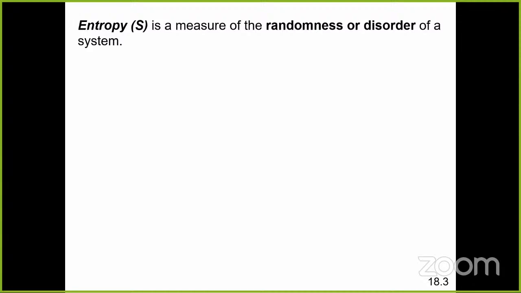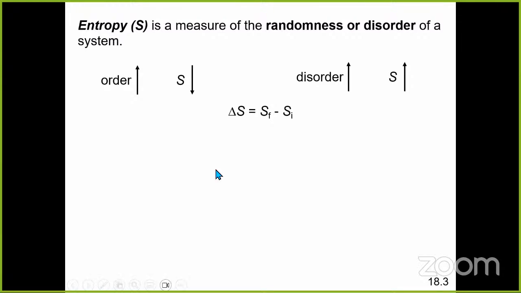So basically, the greater the order of the system, the lower the entropy, and the greater the disorder, the greater the entropy, because entropy is a measure of the degree of randomness or disorder in a system, right? And we can actually quantify entropy values.